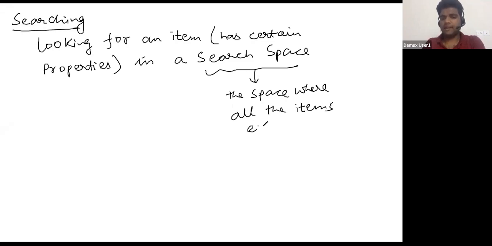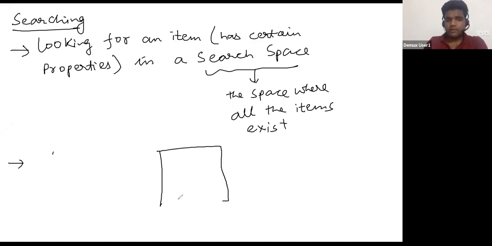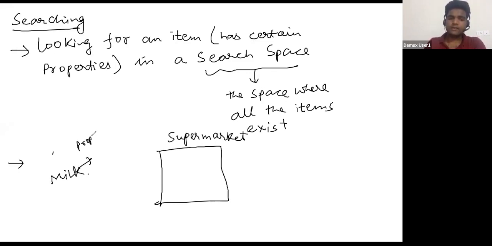So the search space is the space where all the items exist. A typical example that I give when I explain searching is a supermarket. Let's say you have been told by your mom or your girlfriend or your sister or your brother to go to a supermarket and get a carton of milk. In your mind, you know that milk has certain properties.